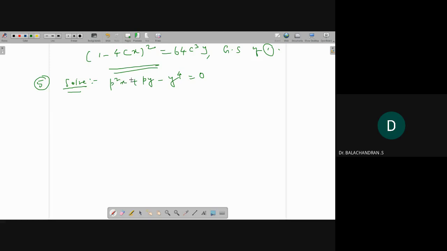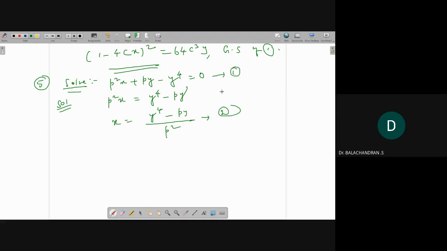So p square x is equal to y power 4 minus py. So x is equal to y power 4 minus py divided by p square. This is 1, this is 2.